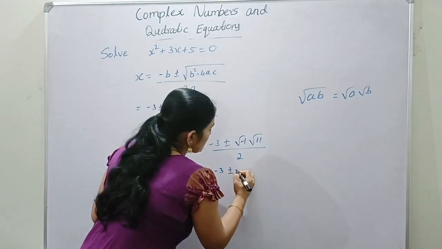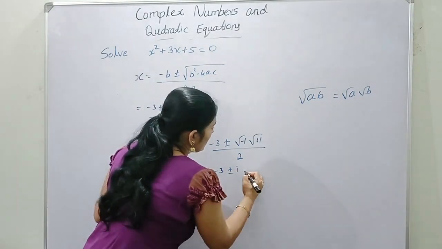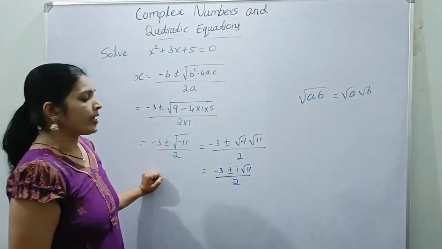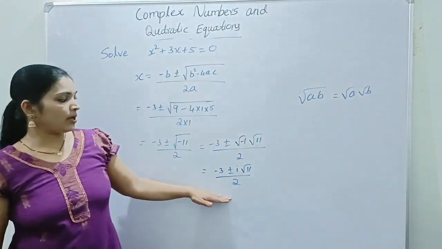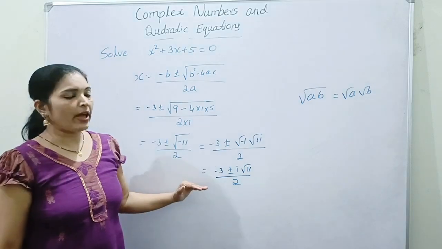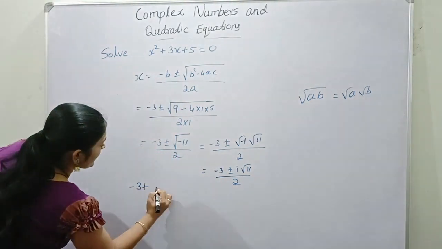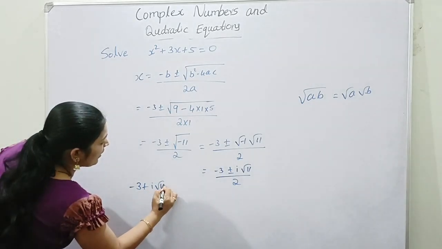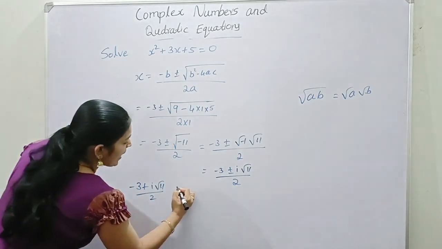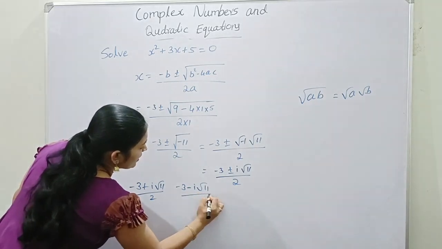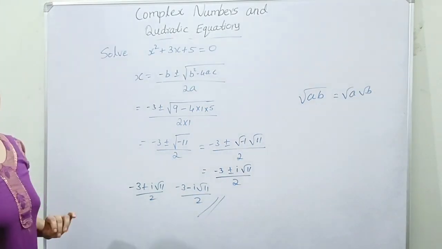So here minus 3 plus or minus i root 11 divided by 2. Okay, so what is the solution? The x values are minus 3 plus i root 11 divided by 2, and one more, minus 3 minus i root 11 divided by 2.